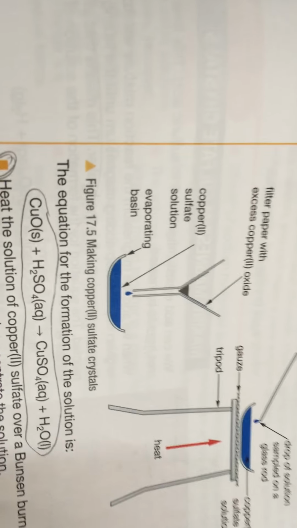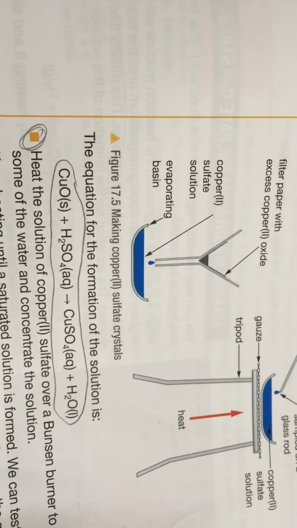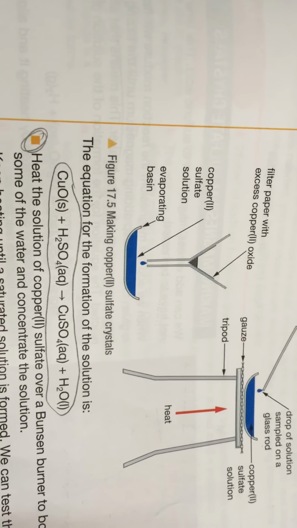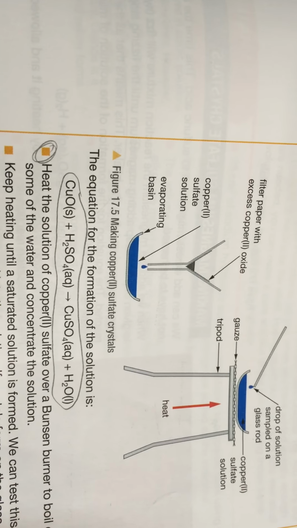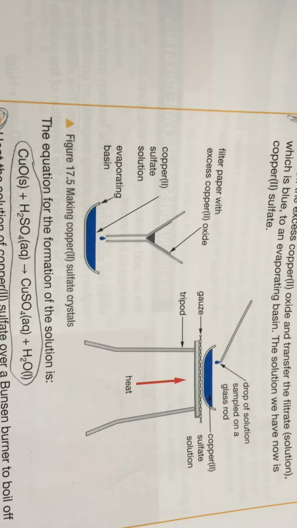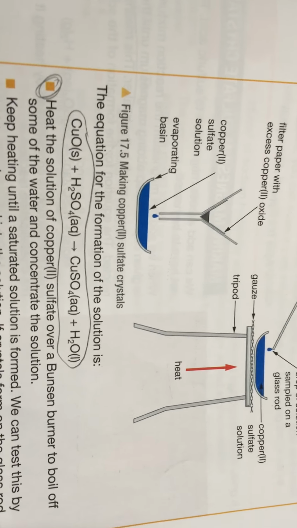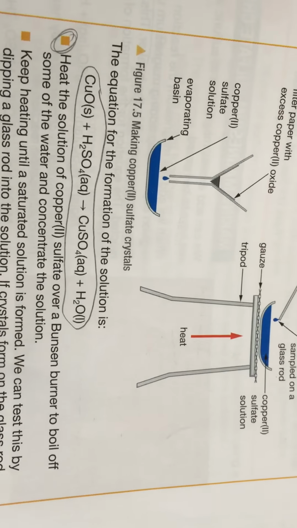To make copper sulfate crystal, you will add copper oxide plus sulfuric acid to produce copper sulfate and water. Please, I cannot use copper itself because copper is under hydrogen in the reactivity series, so it does not react with the acid. Okay, clear? I'll add the copper oxide to the sulfuric acid. It will produce copper sulfate with water.